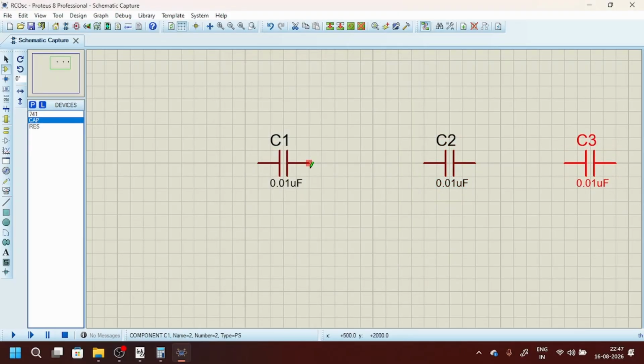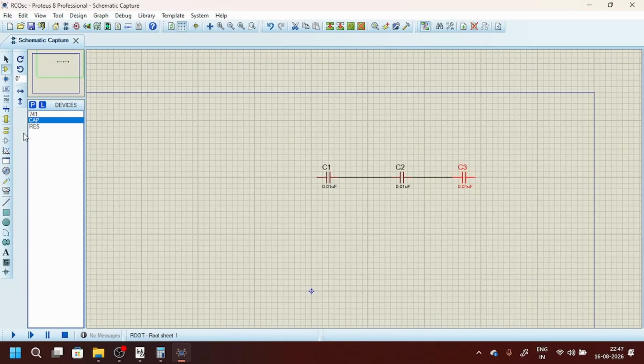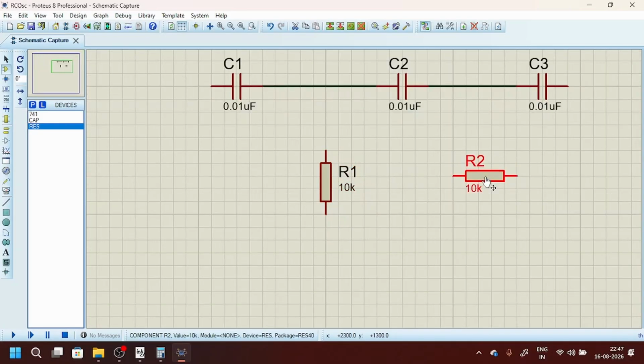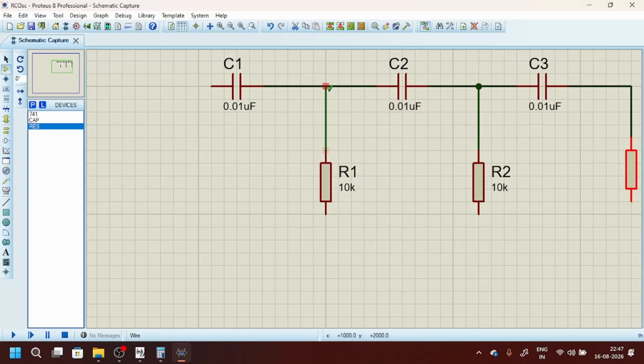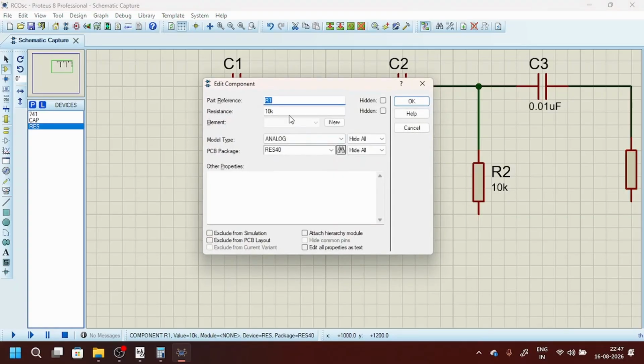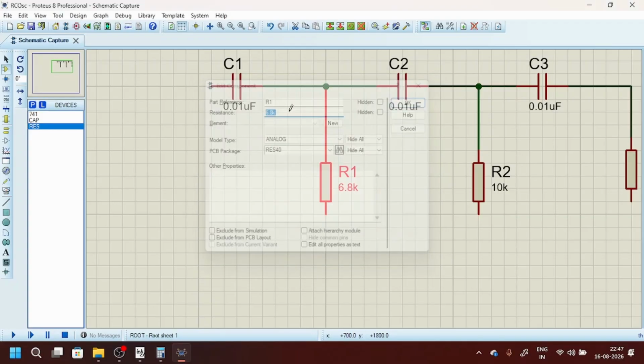Paste it like this. Okay, so just connect all these three, and I need three resistors also. Actually, I need four resistors. The value of each resistor is 6.8 kilo ohms.